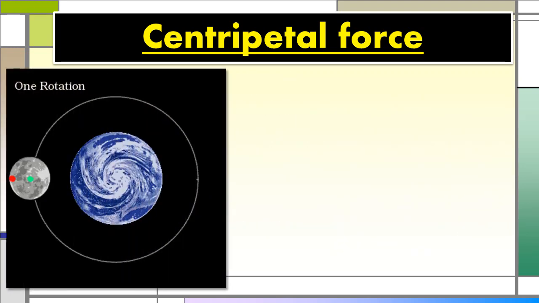Okay, so you all know that the moon, which is a natural satellite of the earth, goes round it in a definite orbit, and the direction of the motion of the moon as well as its speed constantly changes during this rotation. That means when the moon is rotating around the earth, its direction and speed constantly change.